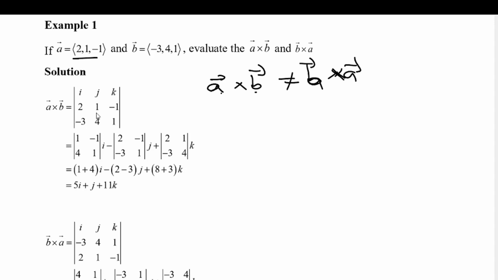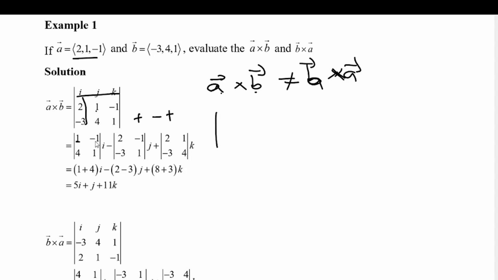Alright, so we have our question here, and for that matter we set up i, j, k for the determinant matrix. And we have 2, 1, negative 1 here for the first row, and then negative 3, 4, 1 for the second row. In that case, we take i using the rule plus, minus, plus. For the first one, we delete all entries to the right of i and beneath i. So we are left with 1, negative 1, 4, 1.